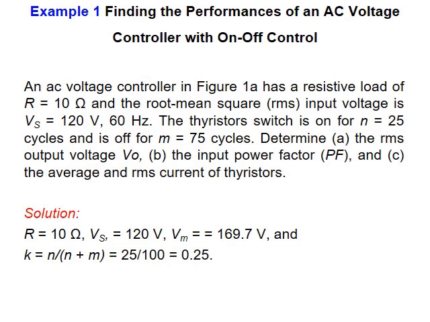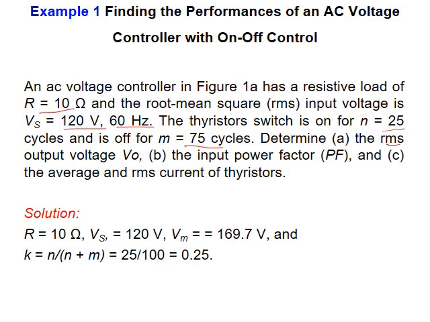Okay, now let's take an example. An AC voltage controller, the previous one, has a resistive load of 10 ohm, and the RMS input voltage is 120 volt, 60 Hz. The thyristor switch is on for 25 cycles and off for 75 cycles.